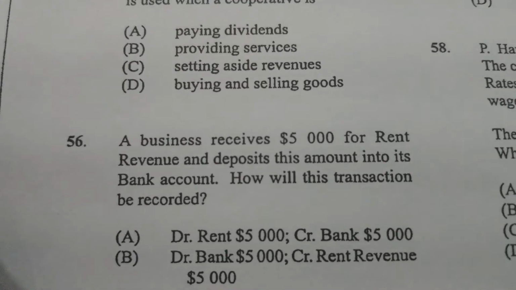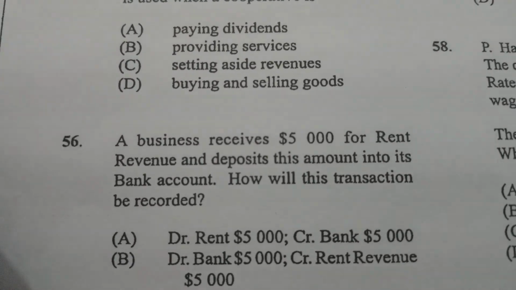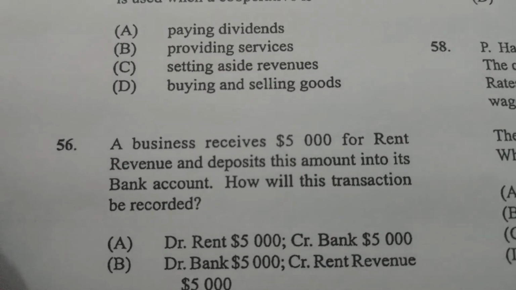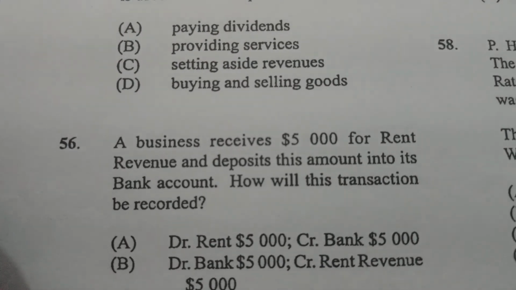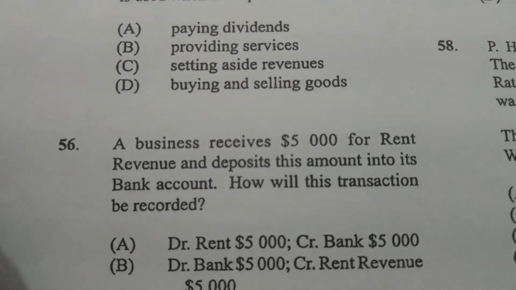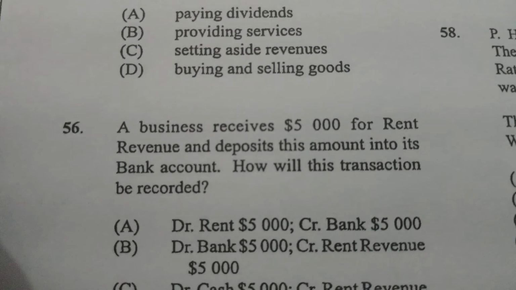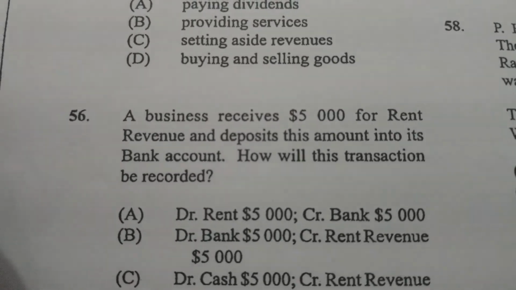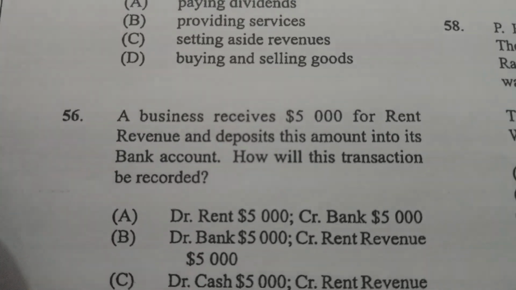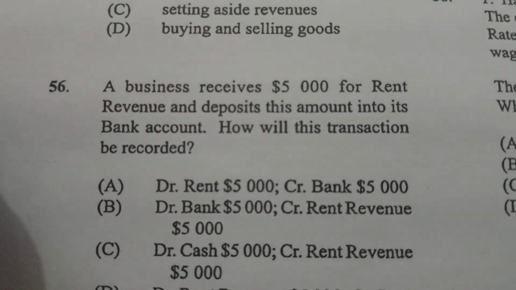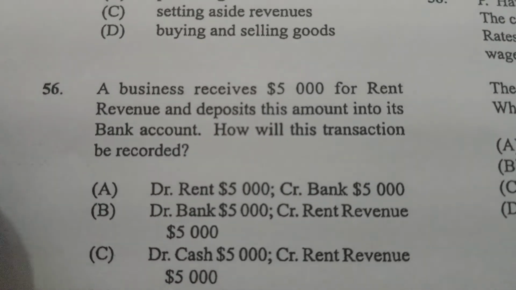And we have item 56, which says a business received $5,000 for rent revenue and deposited this amount into the bank. How will this transaction be recorded? Our response for item 56 is B. We're going to debit the bank account and credit the rent revenue of $5,000.